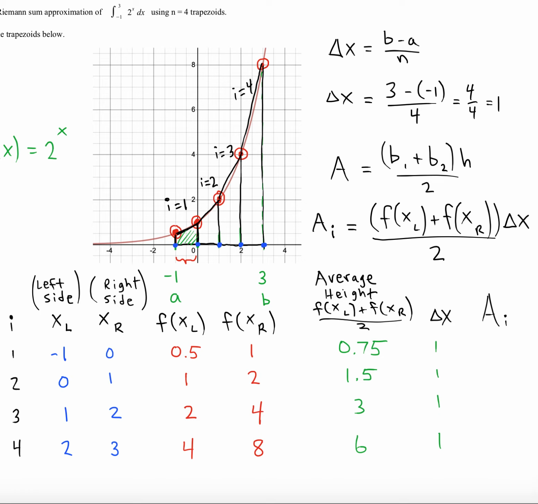Just multiply. Okay, that table looks pretty good. What we'll want to do now is sum up the areas.